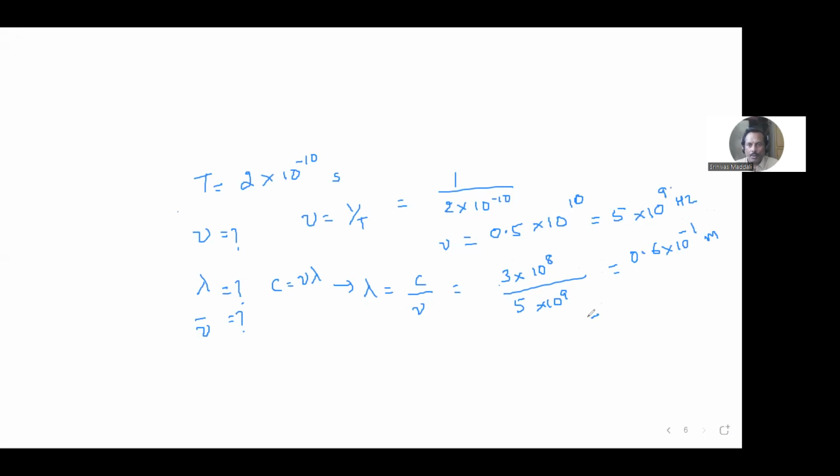So if it is 0.6 into 10 to the power of minus 1 meters, in order to write it down in the scientific notation, you have to multiply with 10. So therefore it is 6.